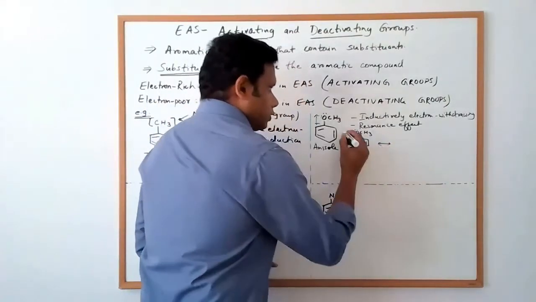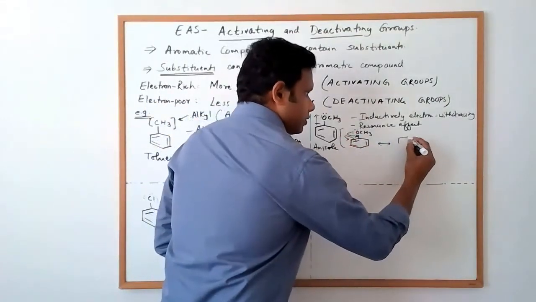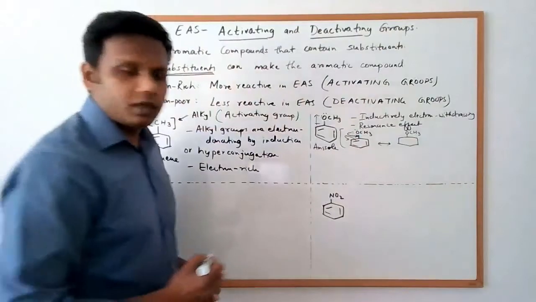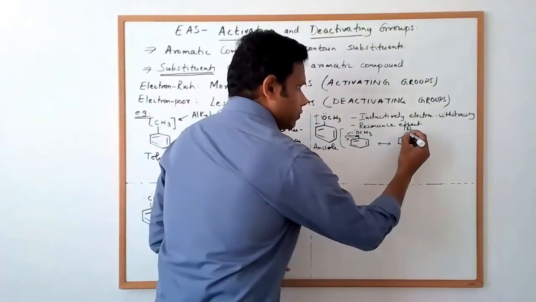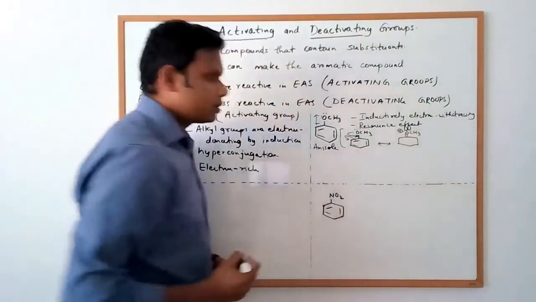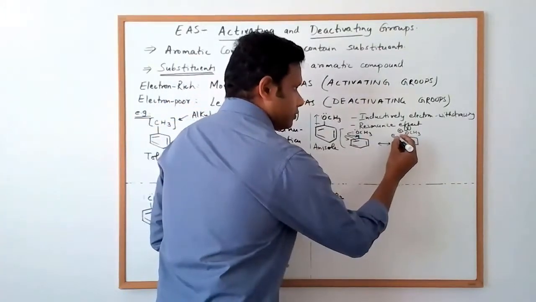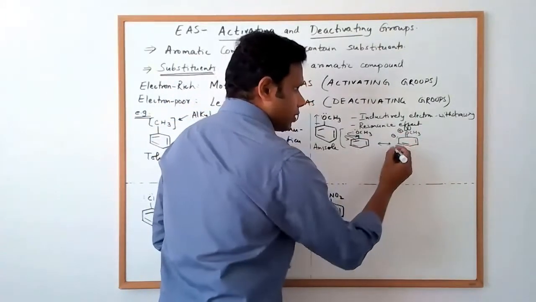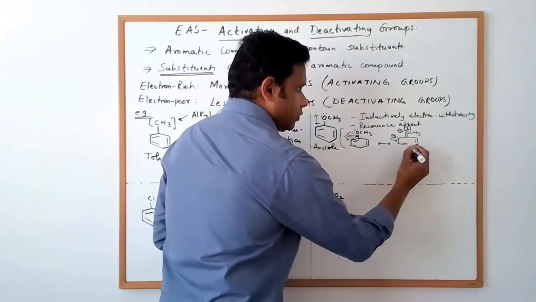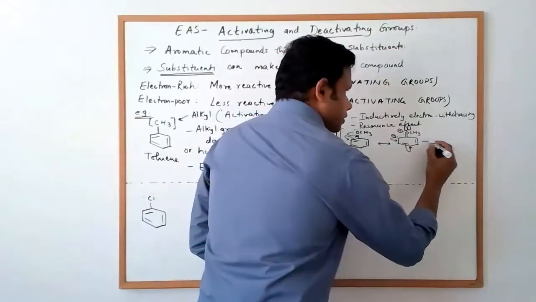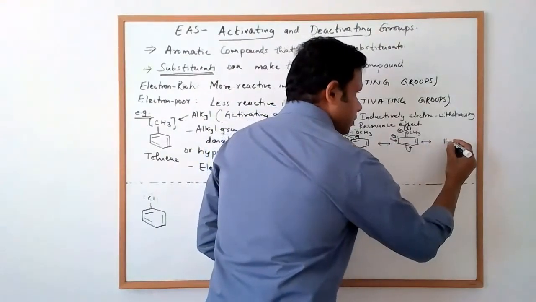So the next resonance form is going to be OCH3, but now we have a double bond over here, a lone pair, and a positive charge on that oxygen. There is a negative charge here, double bond and double bond. Now we can use this lone pair to do further resonance. And so we can draw the next resonance form.